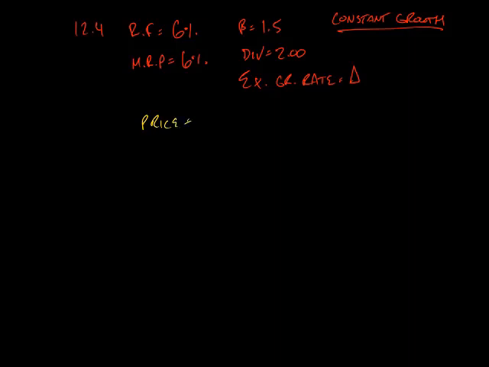Again, I'm simplifying from what the book has in there, but price equals dividend times 1 plus expected growth rate. Those are going to be the things that are changing on us, divided by the required rate of return on the equity or the stock, minus that expected growth rate again, okay?